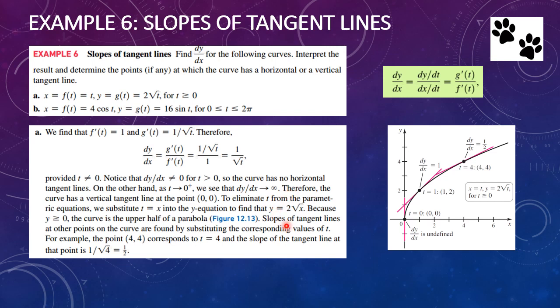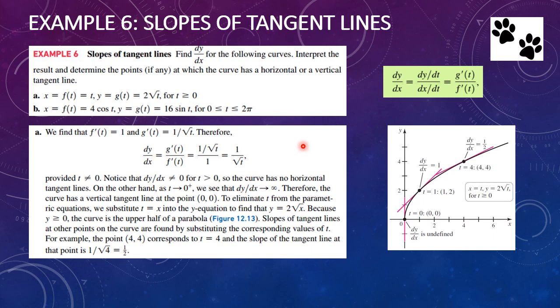Therefore, the curve has a vertical tangent line at (0, 0), which we can also see from this graph, because when the denominator goes to 0, we have an undefined tangent line, which would be when t equals 0.